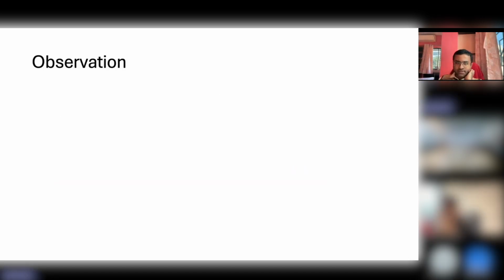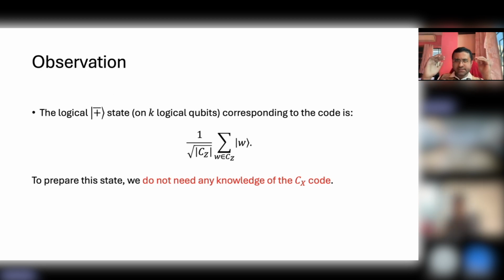And what's the observation? The point is, for a CSS code, which has two components, CX and CZ, say I have n physical qubits and k logical qubits. The logical plus state of the code on those k logical qubits is a linear superposition of all codewords of the CZ code.